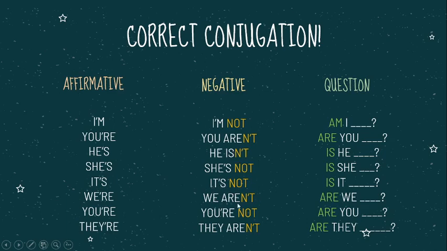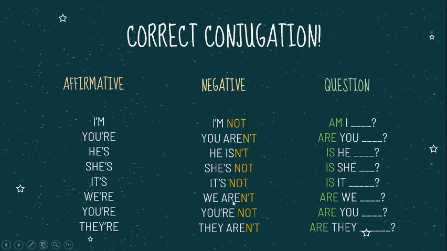Here we have it separated, we say we aren't, or we can have the verb to be fused with the pronoun and have not separated, like we're not. Here we see you're not and they aren't, but also there is a possibility of using they're not.